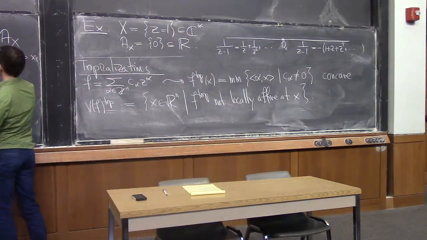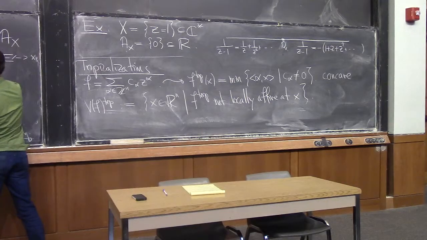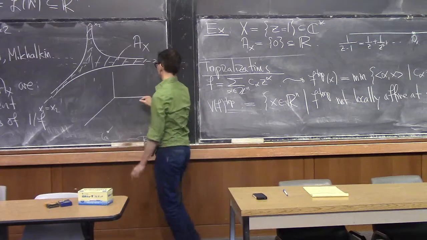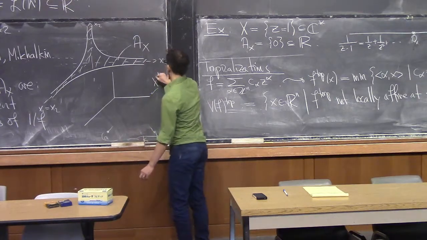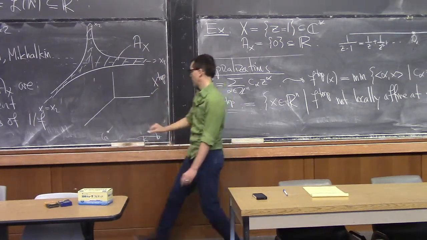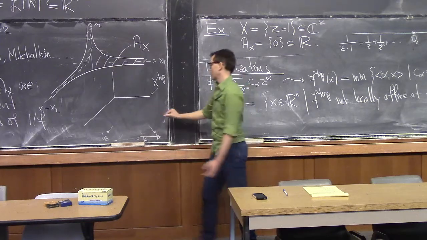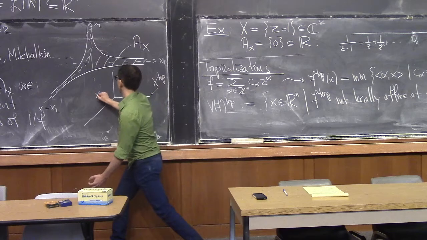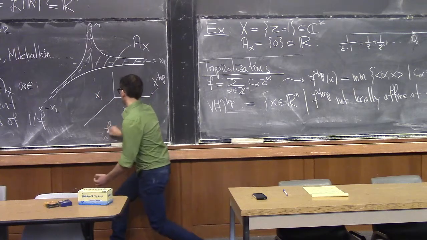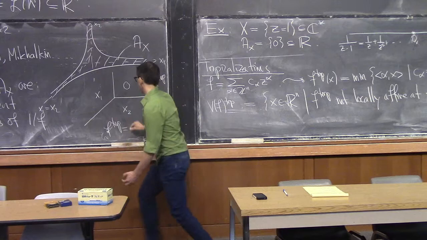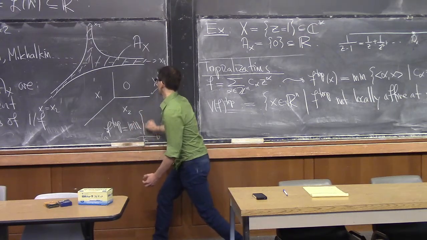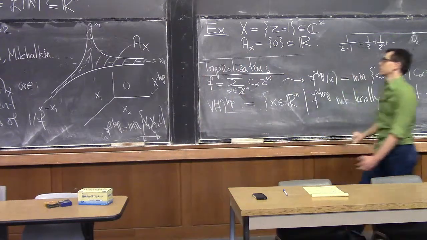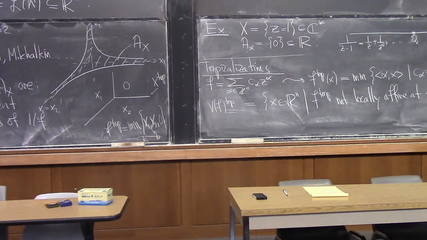So x trop would be what the limit should be. And f trop is the function that's just going to be x2 here, x1 here, and 0. So f trop in this case is the minimum of x1, x2, and 0. Okay, so that's an example.